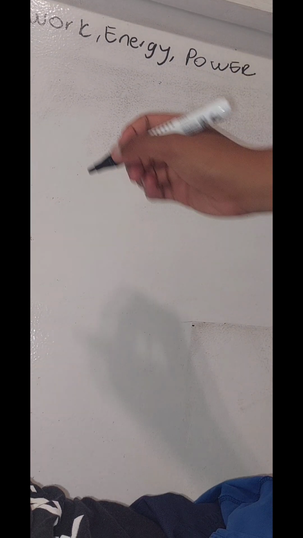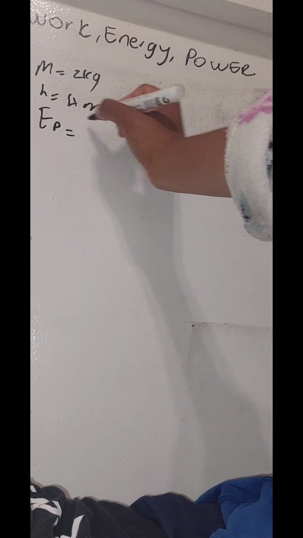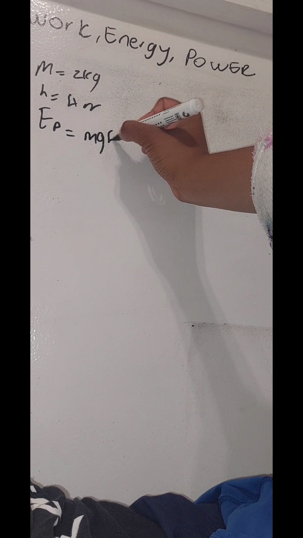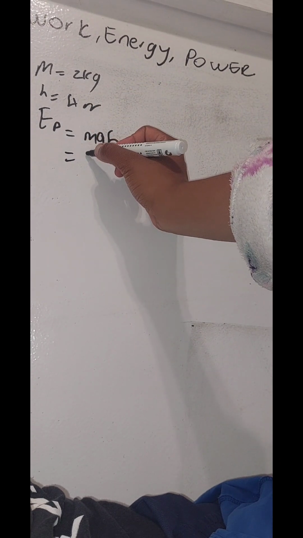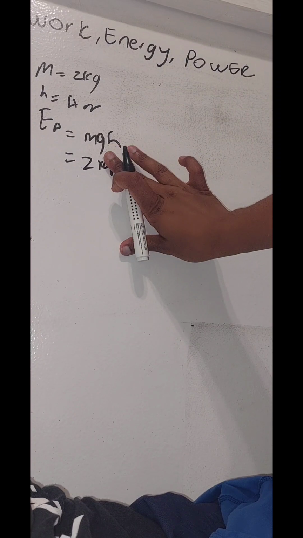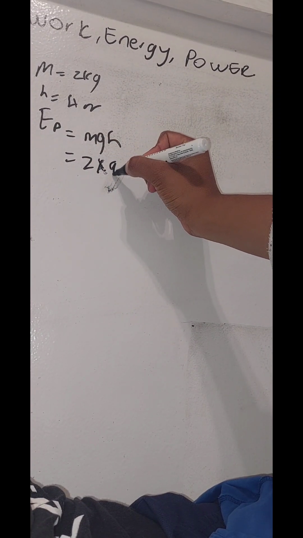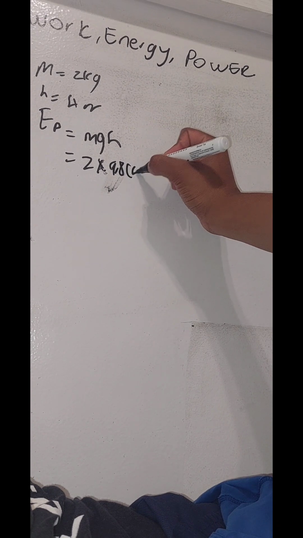So they said a ball with a mass of 2 kg falls the height of 4 meters, and they want us to calculate the potential energy, right, which EP equals mgh. So we have a mass of 2, we know gravity is 9,8, times height of 4.